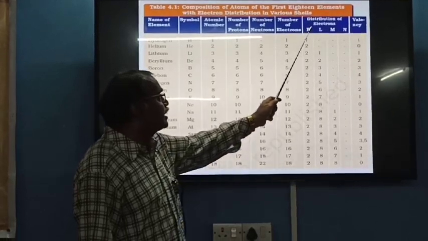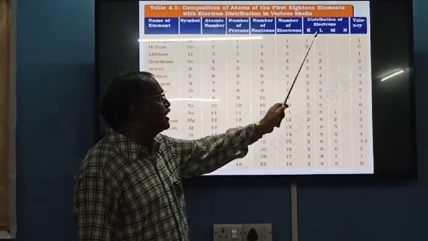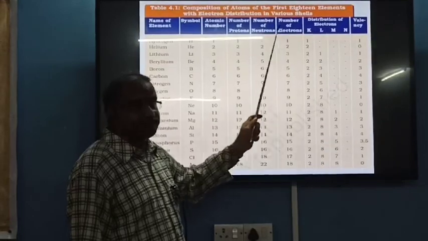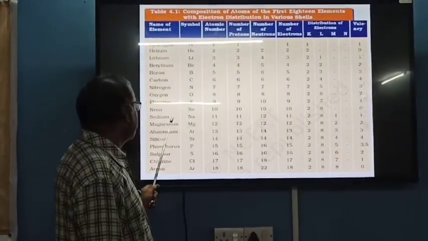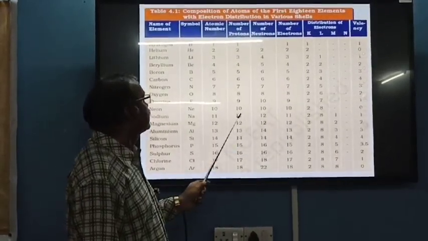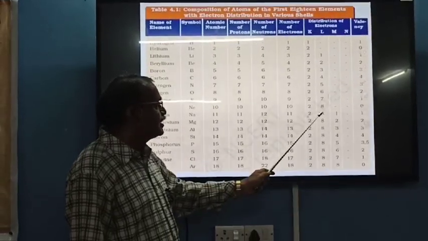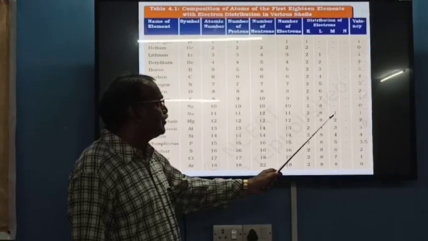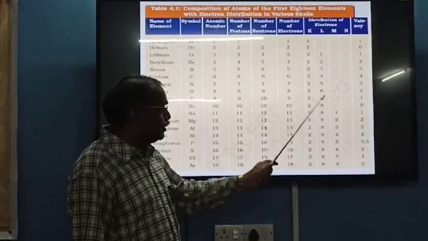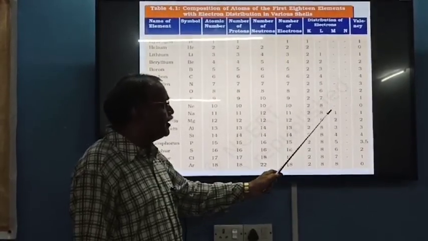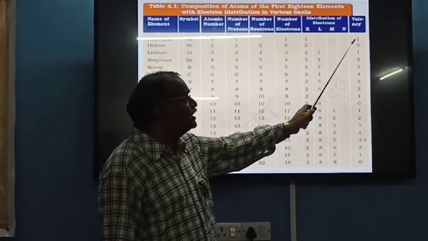Out of 3, K shell capacity is only 2 and L shell has 1: 2, 1. If you go for sodium, 11 electrons: first shell capacity 2, next shell 8, next shell only the remaining 1 electron: 2, 8, 1. Valency I will tell you later.